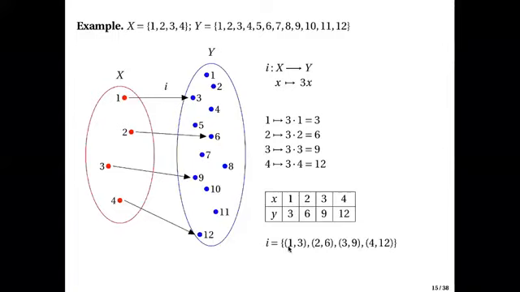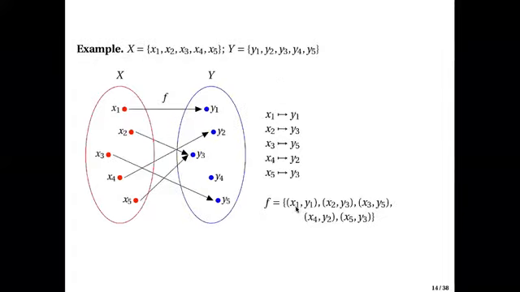And notice there are no two pairs which have the same first coordinate, or x coordinate. This pair here, the x coordinate is 1. This pair here, it's 2. Here 3, here 4. Similarly here, x1, x2, x3, x4, x5. And there is no other pair which has any of these 5 as the x coordinate.